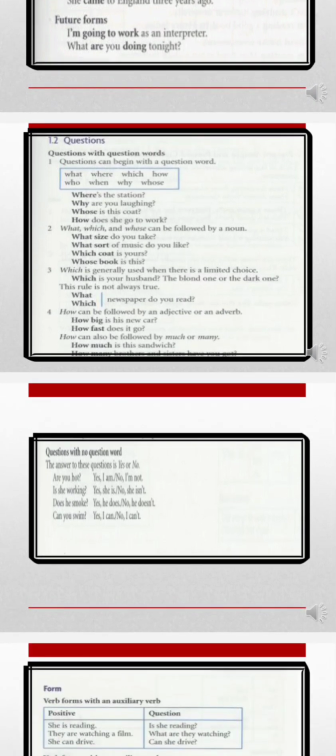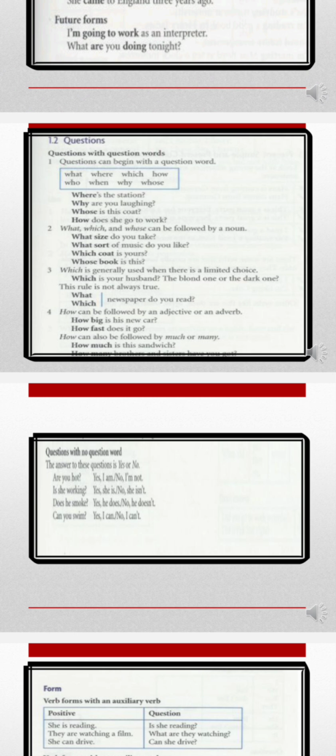Two questions. Questions with question words. Number 1. Questions can begin with a question word. For example, what, where, which, how, who, when, why, whose.